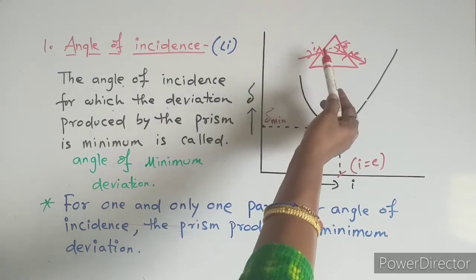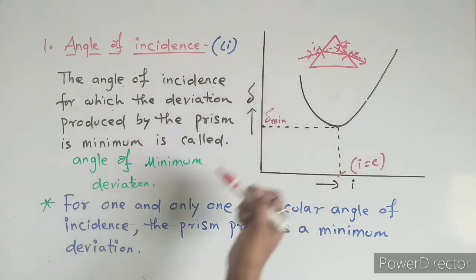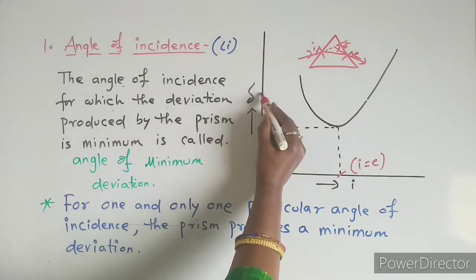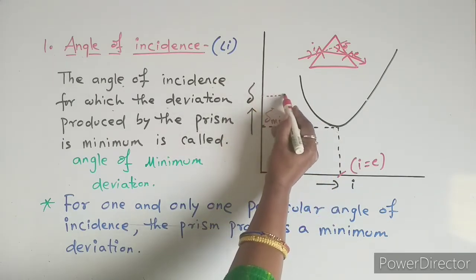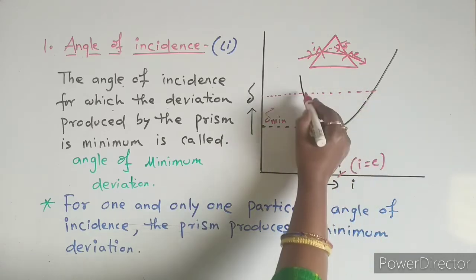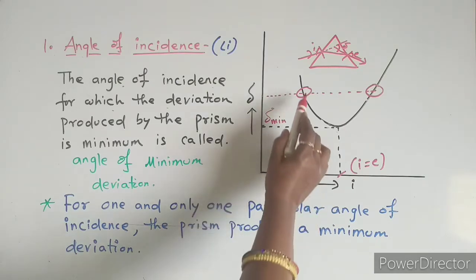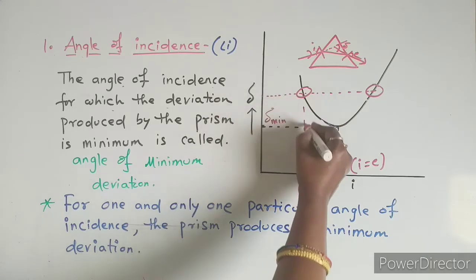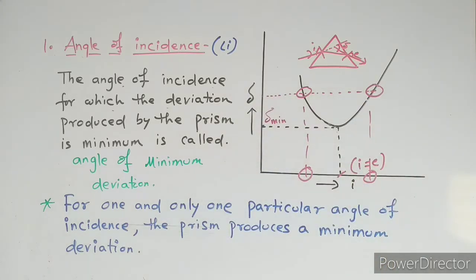See this graph, this is the I-D graph. If I talk about this angle of deviation, I am getting one point here and one point here. So for one angle of deviation, this will be one angle of incidence and this will be another angle of incidence.